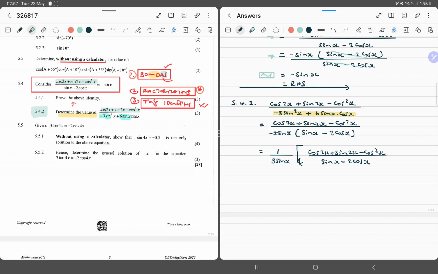Maybe we don't even need a big bracket here. We just put this one like that. Because remember, when we cannot cancel things out, the numerator multiplies the numerator, the denominator multiplies the denominator. It gives us exactly what we've got. But now from above, we're told this is now minus 3 sine x into this bracket, which is effectively minus sine x from above.